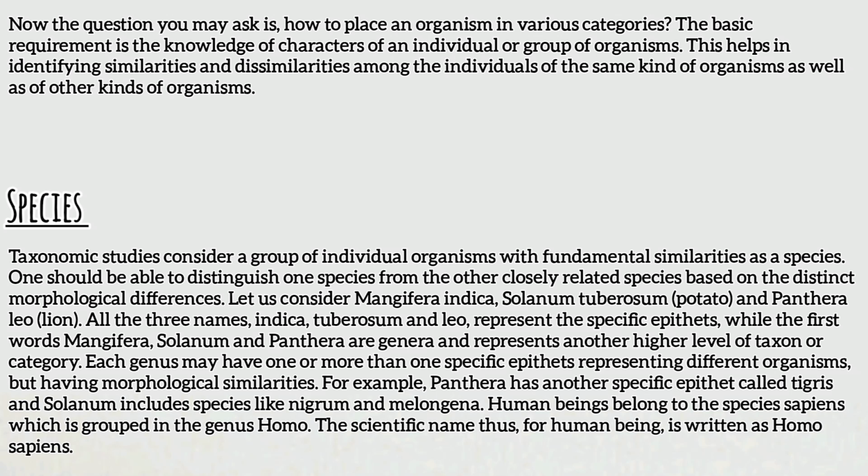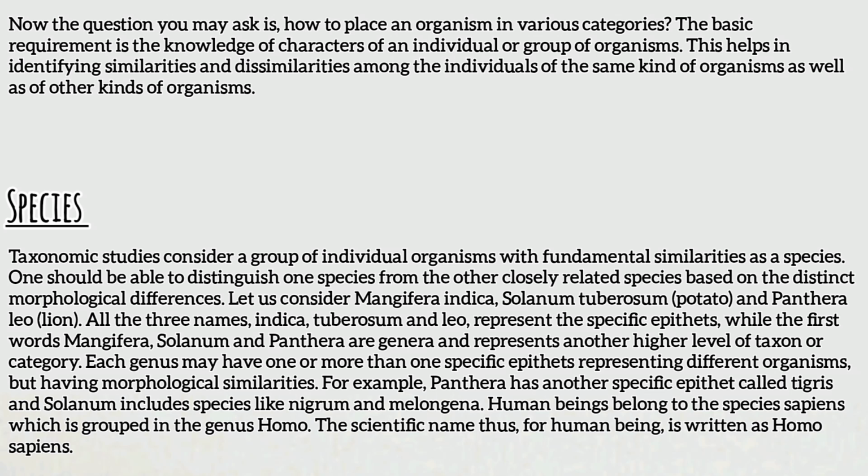Let us consider Mangifera indica, Solanum tuberosum, potato, and Panthera leo, lion. All the three names, indica, tuberosum and leo, represent the specific epithets, while the first words Mangifera, Solanum and Panthera are genera and represent another higher level of taxon or category.